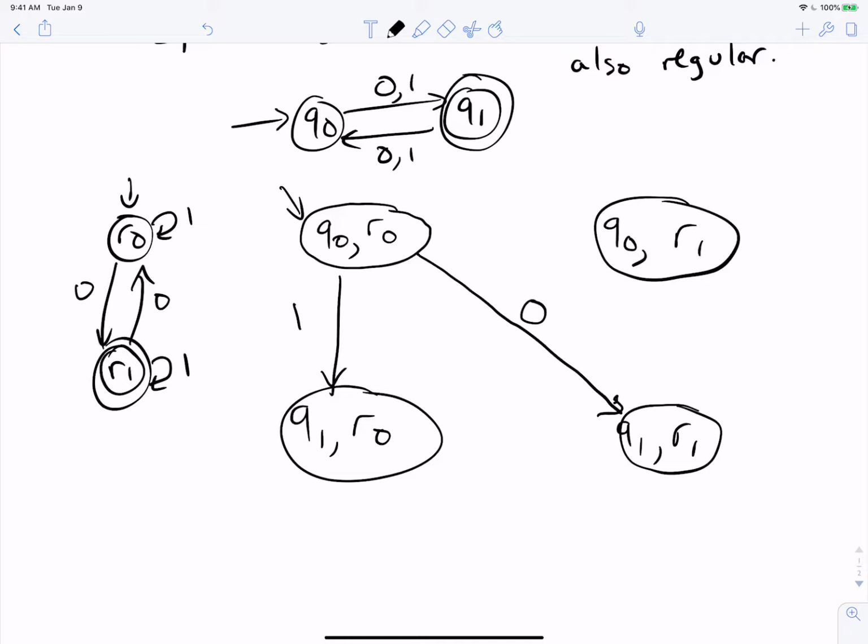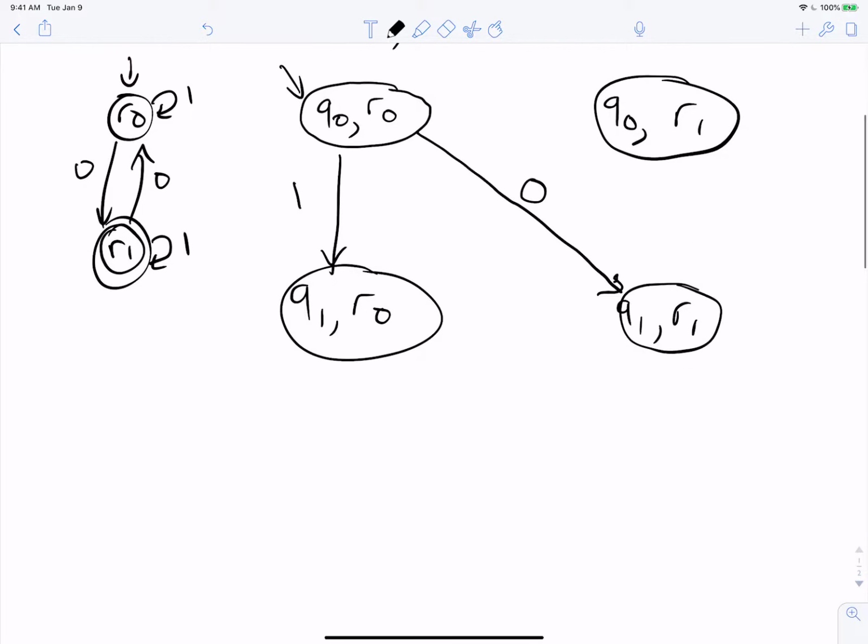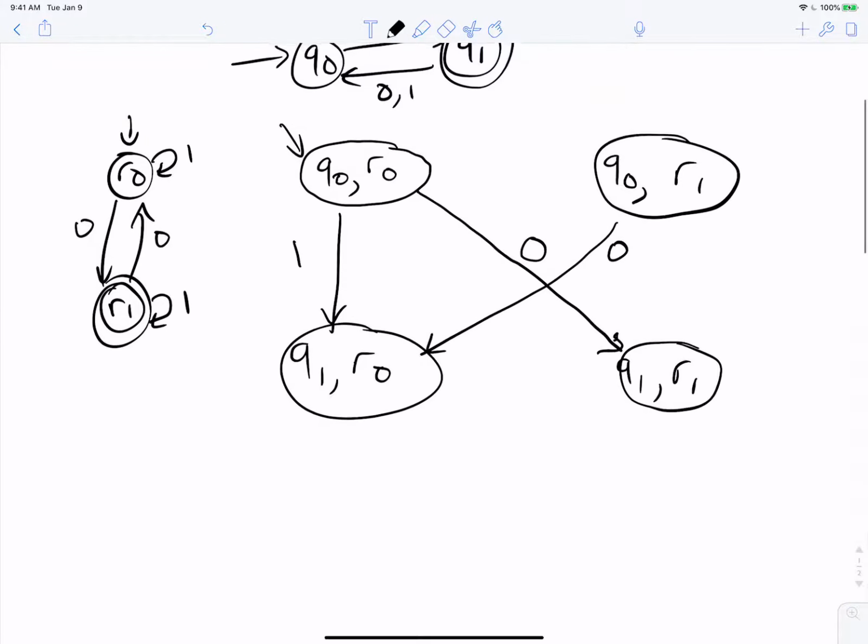So in our brain, we're thinking Q1. From R1 on input 0, where do we go? We go back up to R0. So we go to Q1, R0. So we make that transition there.